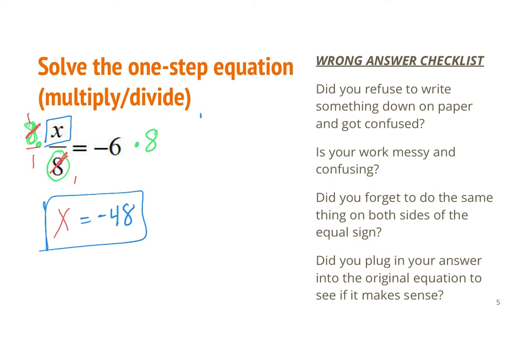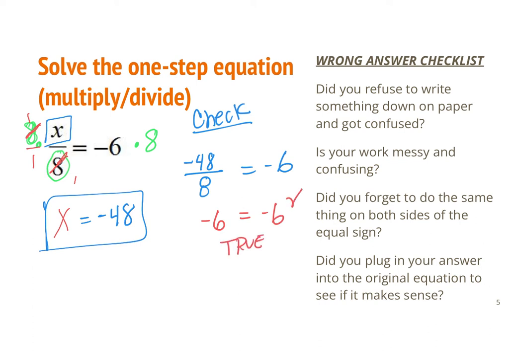Remember, you can always check your work to see if you did it right, and when you're dealing with fractions, you might be confused, so you might want to double check. So x is actually the same thing as -48 now that we solved this equation. Divided by 8 equals -6. Well, what is -48 divided by 8? It's -6. This is a true statement, so I did my work correct.